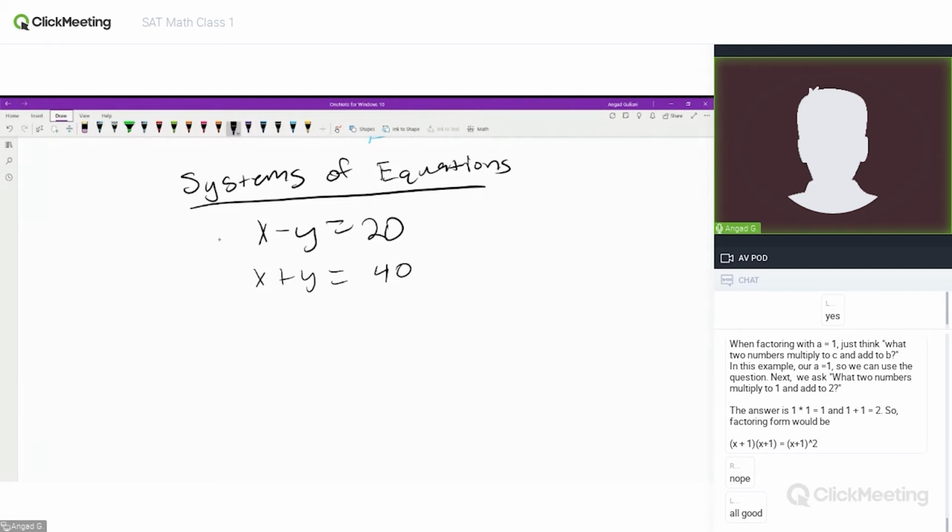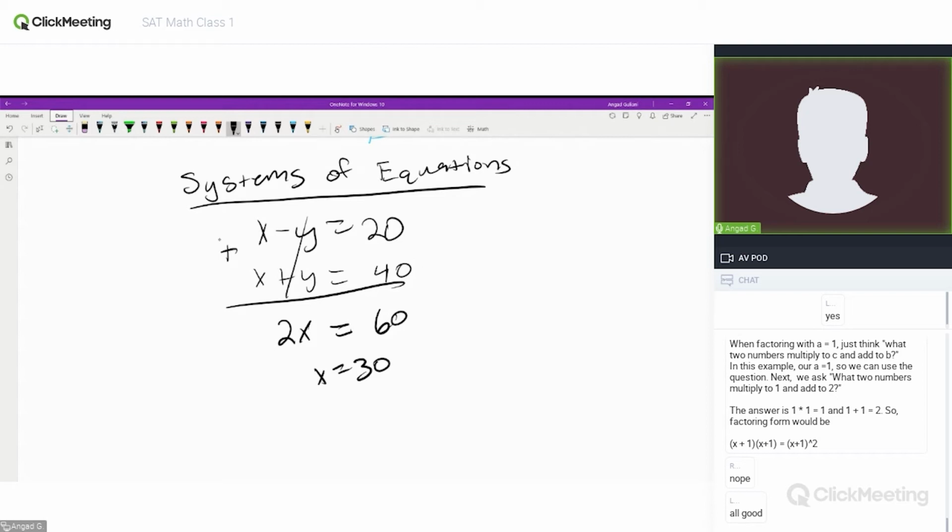So if we do that, we have to do it for here. So if we're doing x minus y is equal to 20 and x plus y is equal to 40, minus y plus y, let's add them. Negative y plus y is equal to 0, and x plus x is equal to 2x, so we have 2x by itself. This cancels out. It is equal to 60, meaning x is equal to 30.